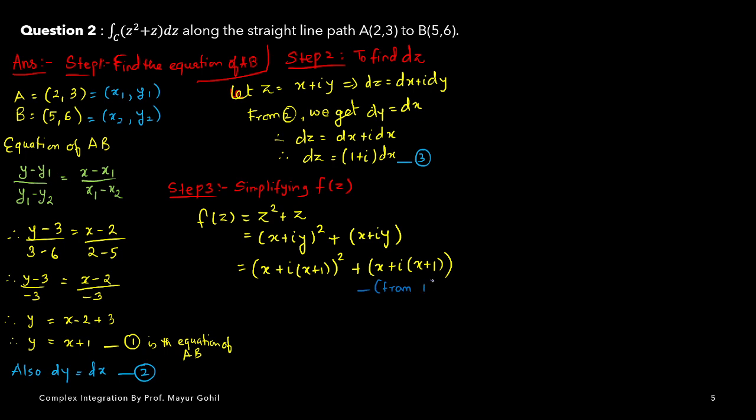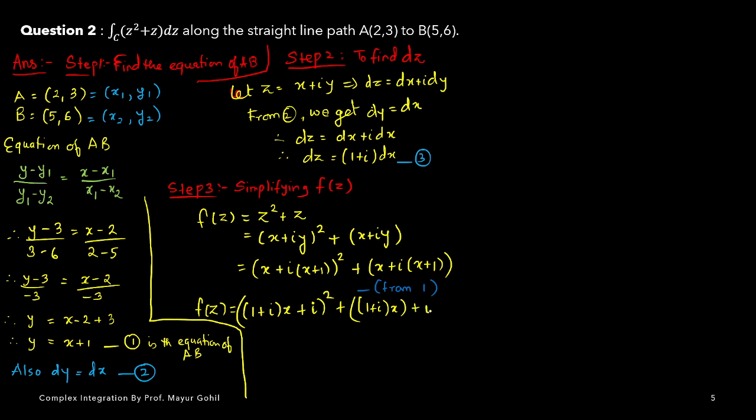So f of z equals, if we want we can simplify a bit more, so we can write this as ((1 plus i) times x plus i) the whole squared plus (1 plus i) times x plus i.